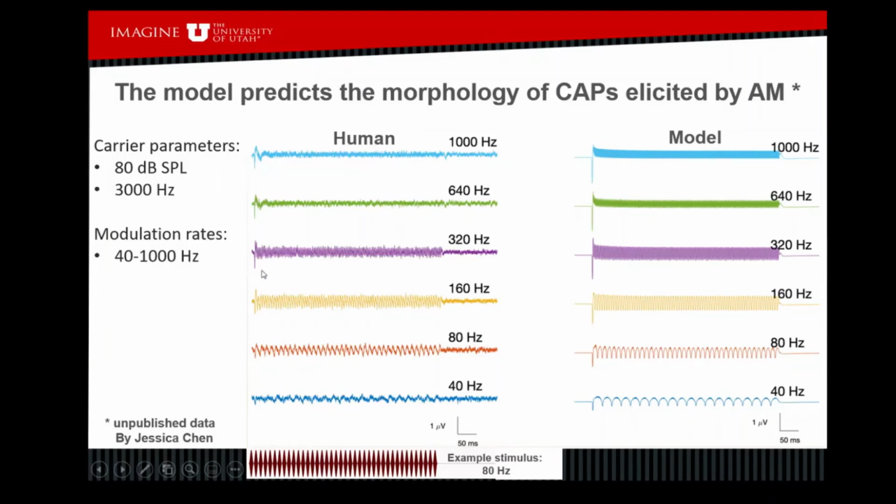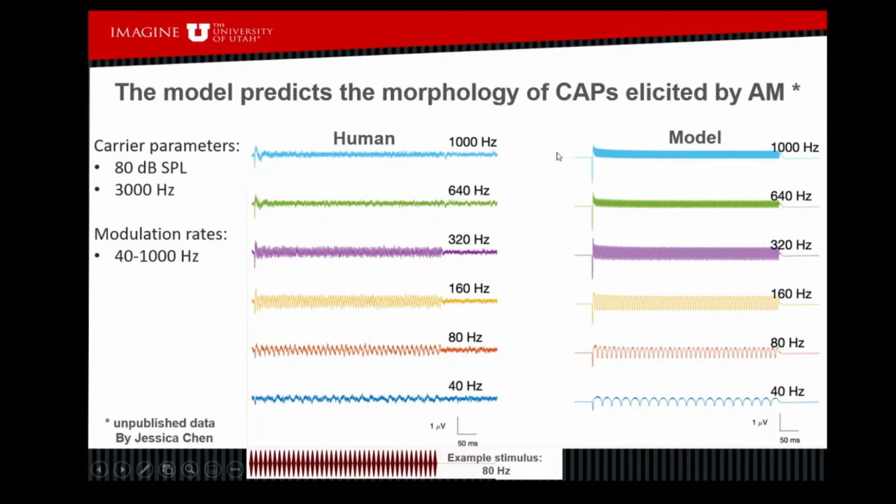These data are qualitatively similar to the envelope following response, EFR, that is recorded from an active electrode placed on the higher forehead. However, unlike an EFR, which peaks at around 40 Hz and drops in amplitude after 80 Hz, these CAPs that are recorded from the tympanic membrane exhibit a robust amplitude across a wider range of modulation frequencies.